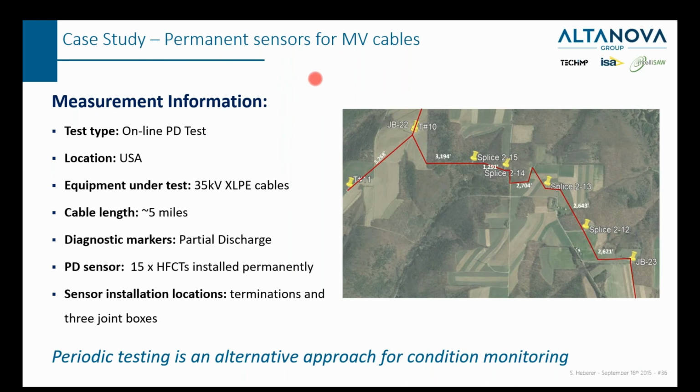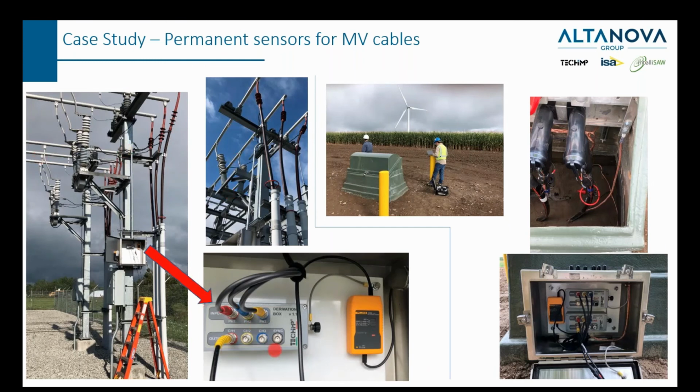So we put HFCT sensors on each individual phase, and the HFCT sensors are connected to what we call a derivation box, which is more like a connection box. The derivation box itself provides the connection to the sensor, and also it has a protection circuit inside.